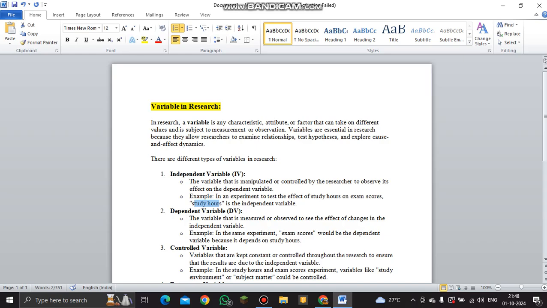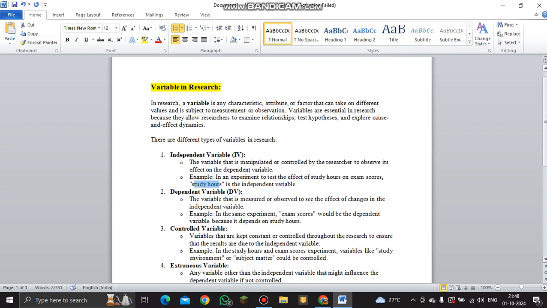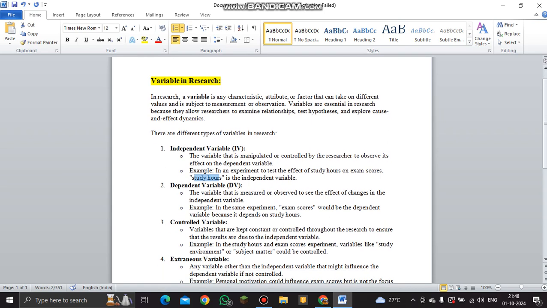Got that? Okay, next one is the dependent variable, which is measured or observed to see the effect of changes in the independent variable. So friends, basically when we make changes and manipulate the independent variable, we see the effect on the dependent variable. So the dependent variable is exactly that thing which cannot be manipulated. You can see the effect on it.